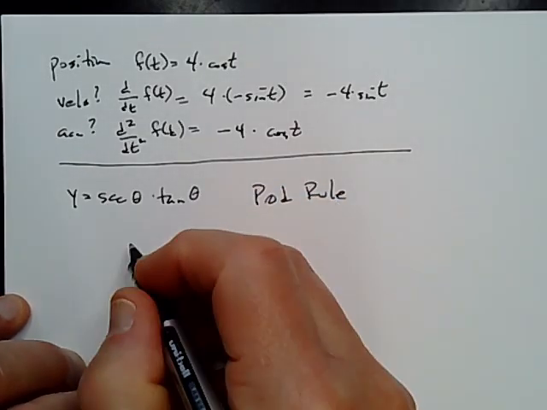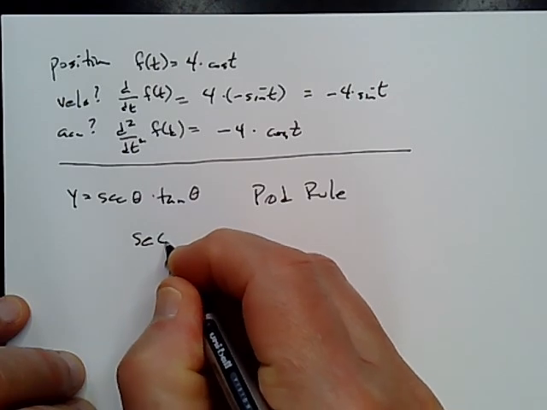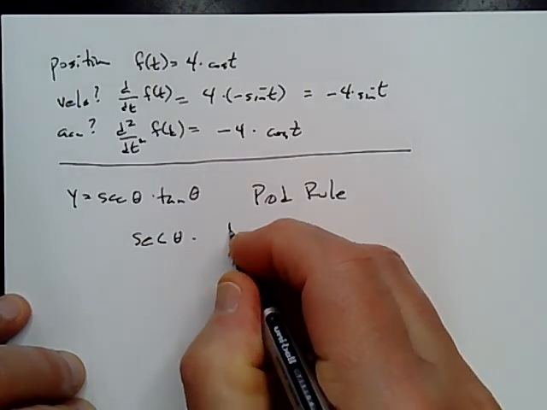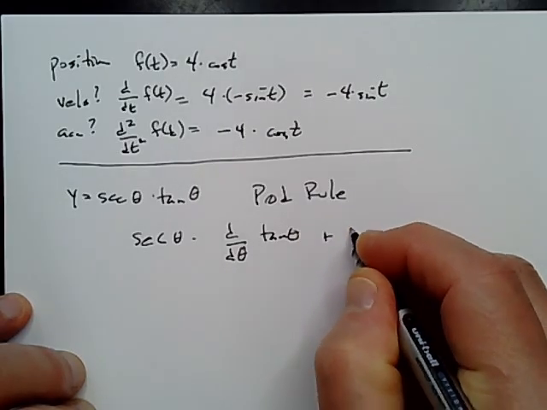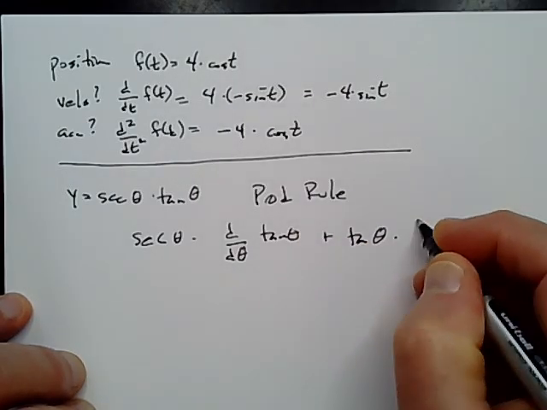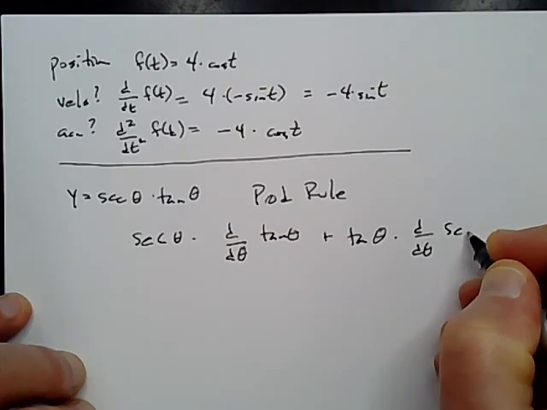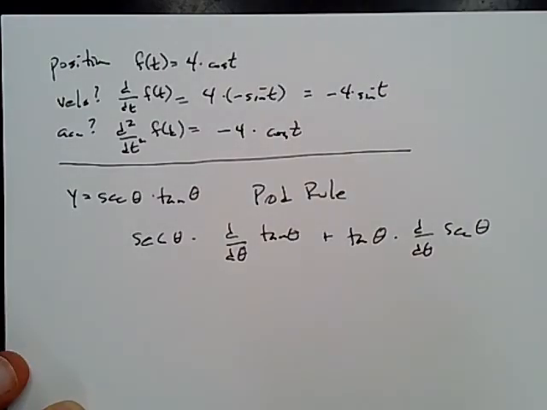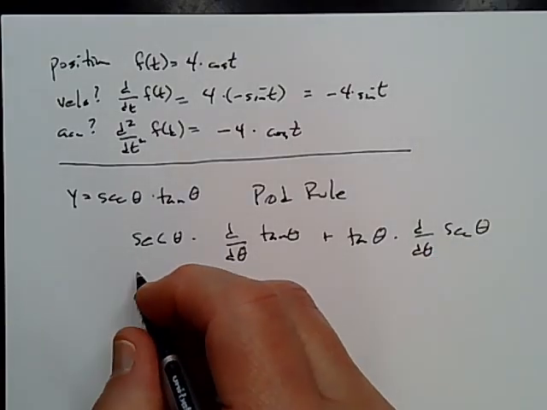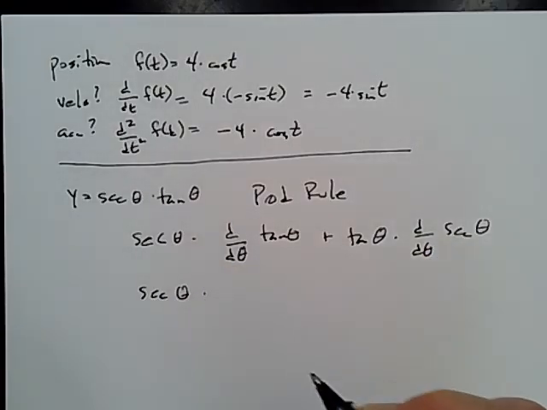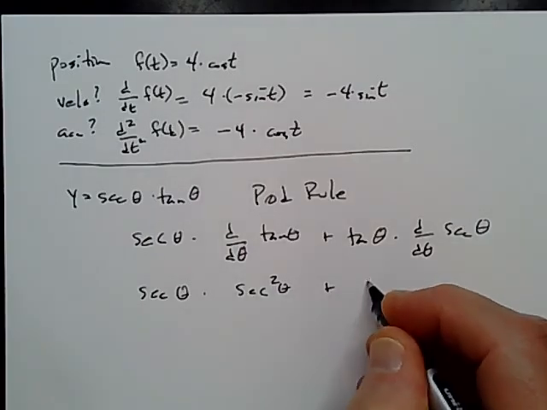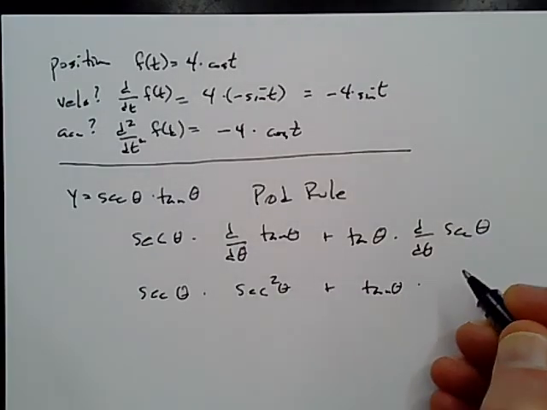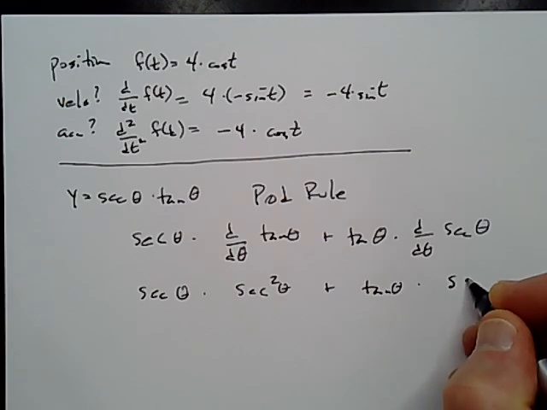So the product rule is you write down the first, secant theta, times the derivative with respect to theta of tan theta, and then tan theta times the derivative with respect to theta of secant theta. Okay, and it's just a question of putting in the parts and hoping that I don't lose a minus sign. So secant theta, derivative of tan theta is secant squared theta. And then tan theta, and the derivative of secant theta is secant tan.